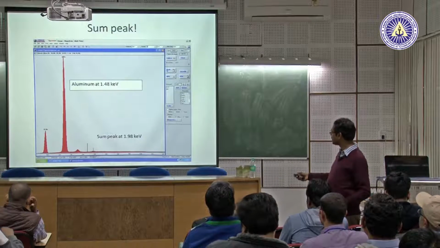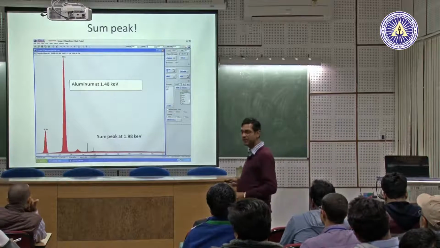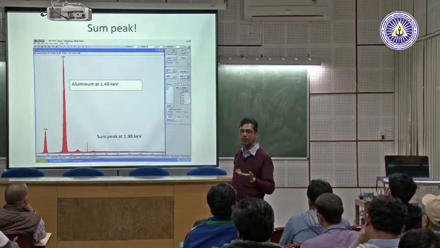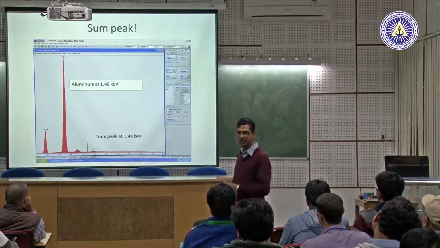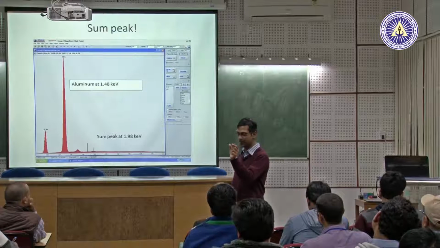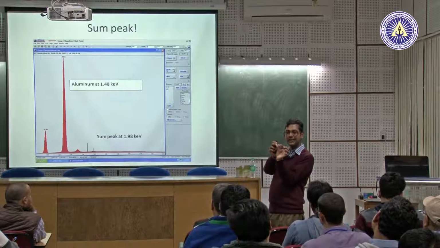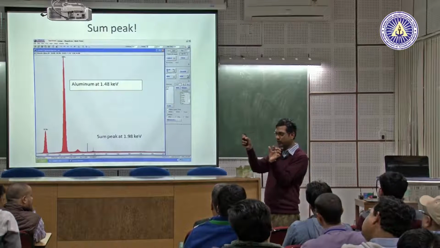You divide this range into 2000 small windows. So 20 divided by 2000 is what? Each one will be 0.1 kilo electron volt. That means you have filters which can accept from 0 to 0.1, then 0.1 to 0.2, 0.2 to 0.3, like that.